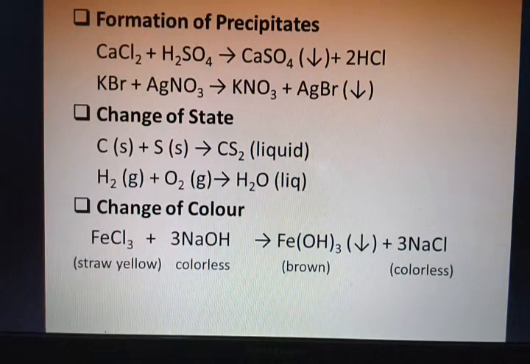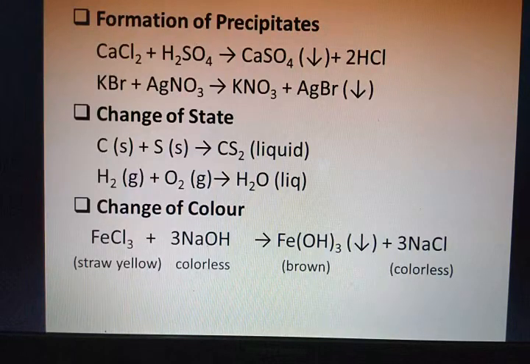The next is potassium bromide plus silver nitrate, KBr plus AgNO3, giving potassium nitrate plus silver bromide. Silver bromide precipitates out. Calcium sulfate is a white precipitate. Silver bromide is a light yellow precipitate.